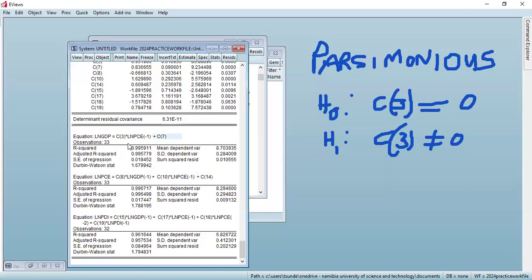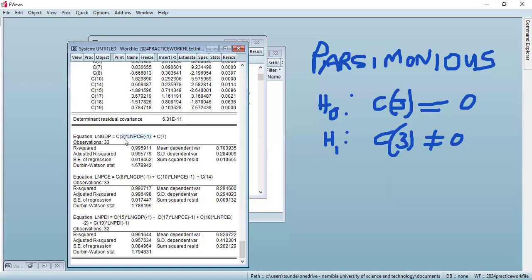If I elaborate on this equation, it's like saying PCE Granger causes GDP. We are testing whether PCE Granger causes GDP, and we found that PCE Granger causes GDP at 1% level of significance.